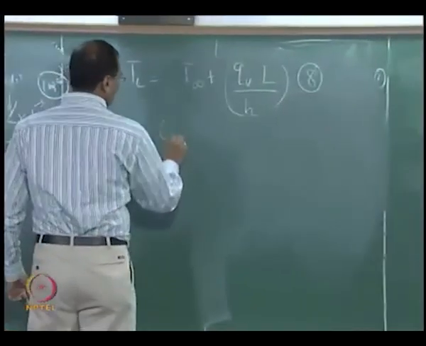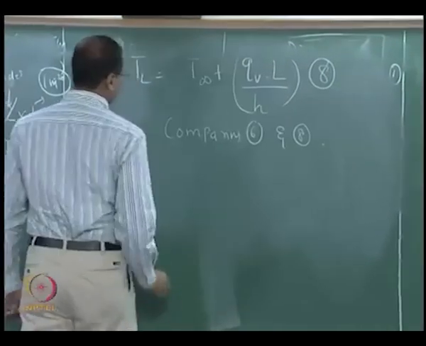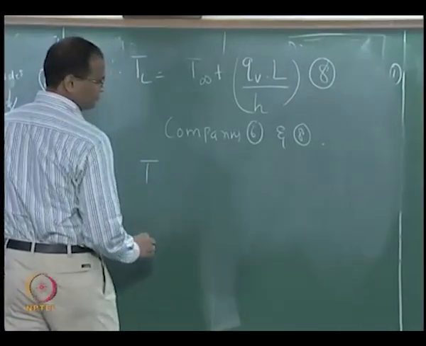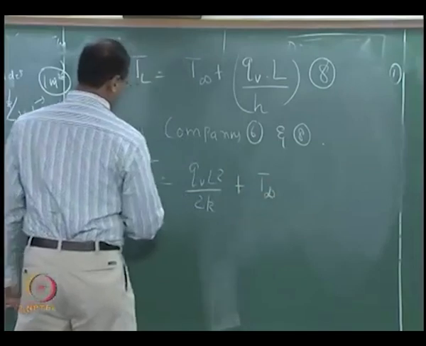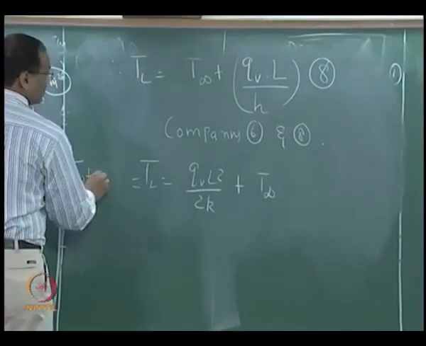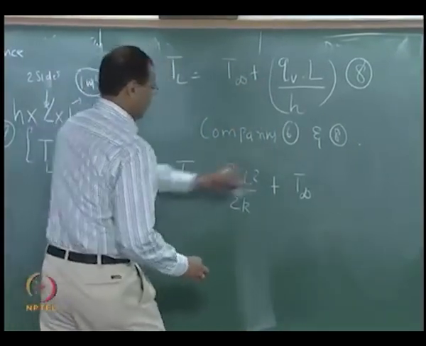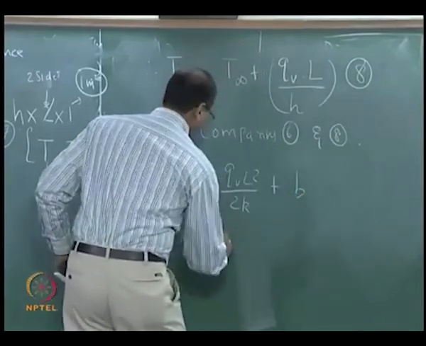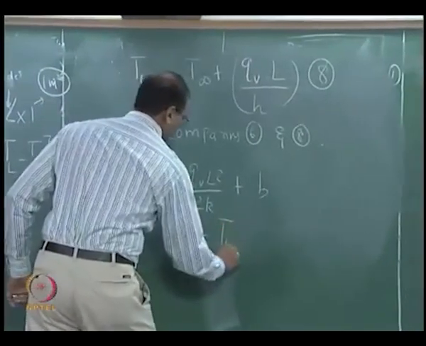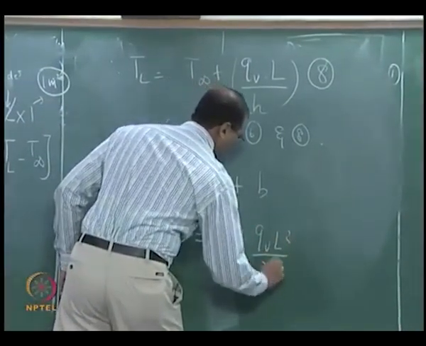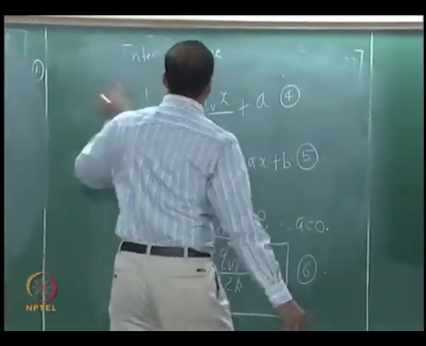Comparing 6 and 8, this is known to us, plus B. Is that correct, or am I making a mistake?